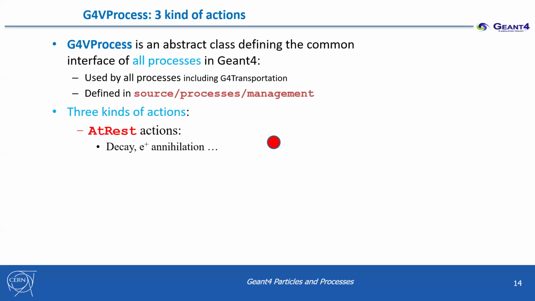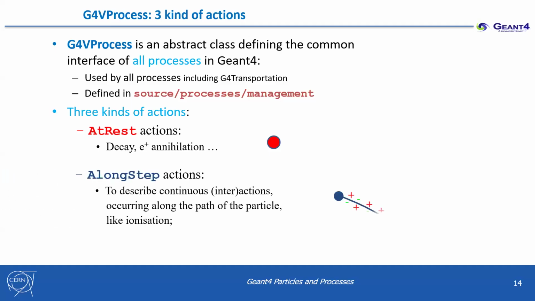AtRest action may be applied for decay, for example, or for positron annihilation when a particle cannot move anymore. It has zero kinetic energy and is somewhere inside matter. Of course, it never really stops, we know, but our step-by-step procedure assumes that a final particle may have zero kinetic energy.